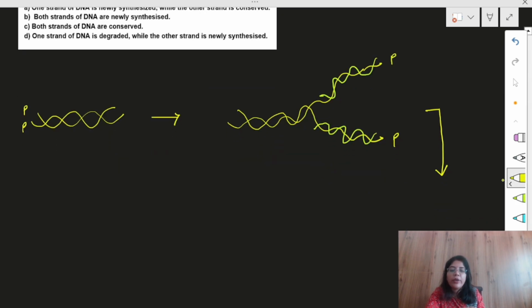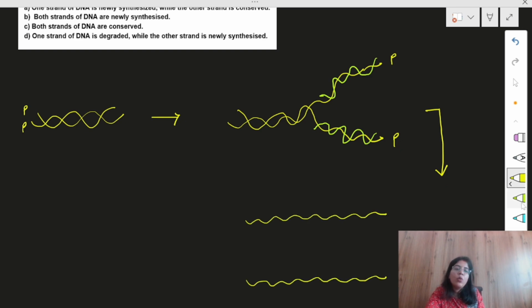When this continues to full length, you will get a DNA in which one strand is parental and one strand you just made now. So this yellow one I can write as parental, and the green one is new or daughter.